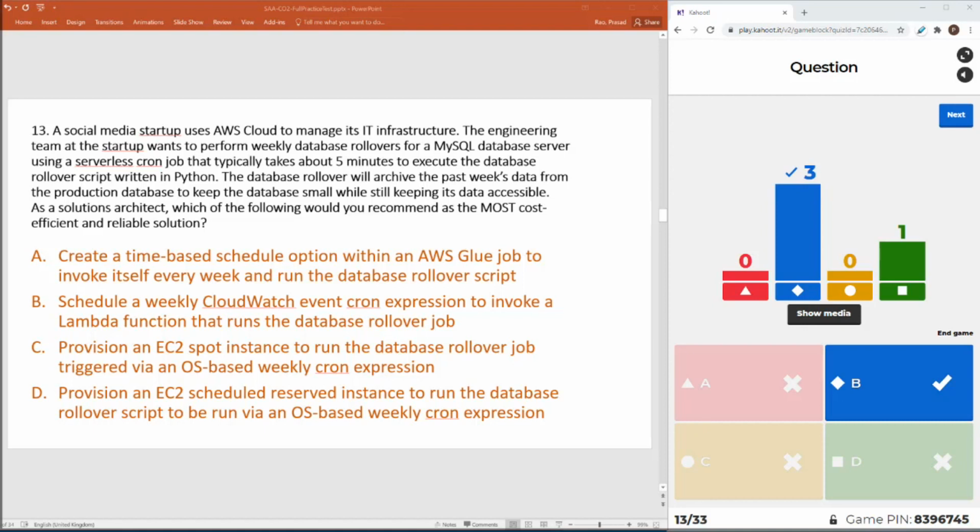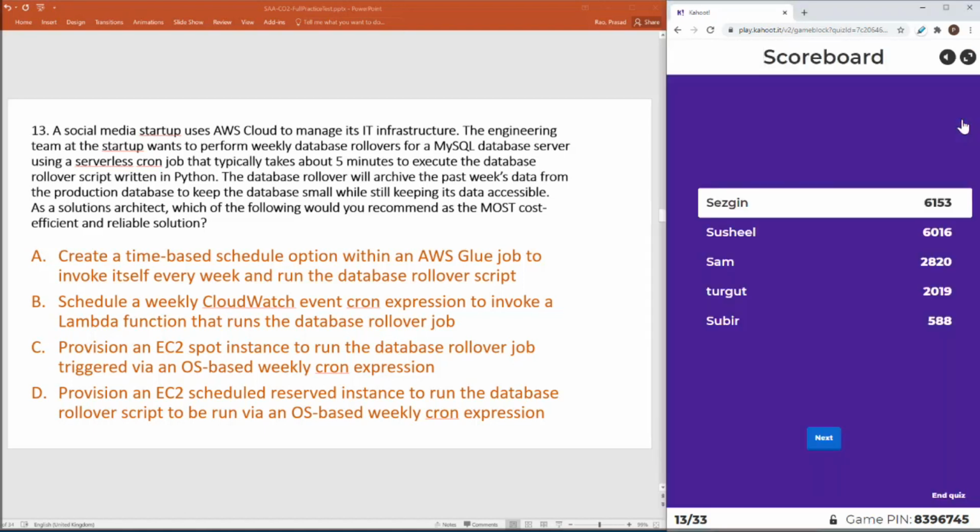Lambda is something that will fit the purpose in a serverless manner. And moreover, for the scheduling part, an OS-based weekly cron expression is a legacy way to do it. The more cloud-native way is to use CloudWatch. Cool. So let us move on to the next question.